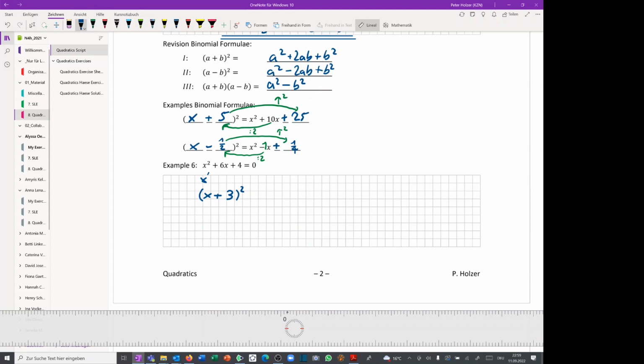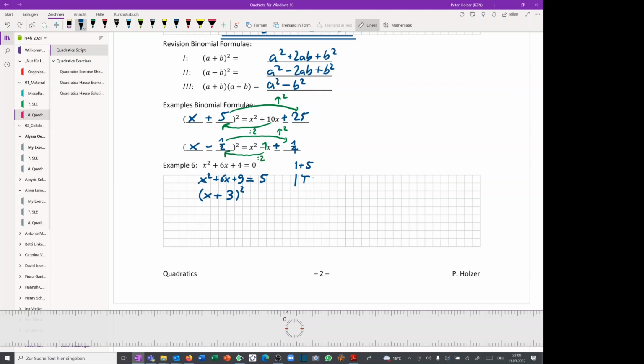So when we add on both sides plus 5, we get x squared plus 6x plus 9 on the left hand side and 5 on the right hand side. Next step is just a rearrangement. So we change the x squared plus 6x plus 9 into x plus 3 squared.